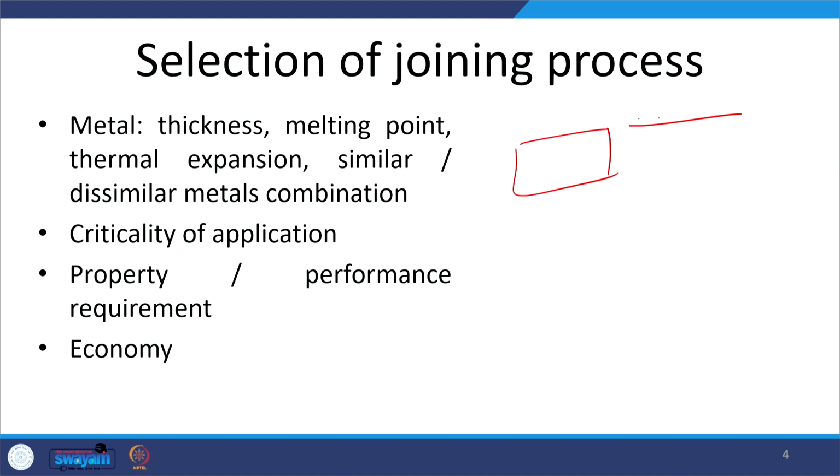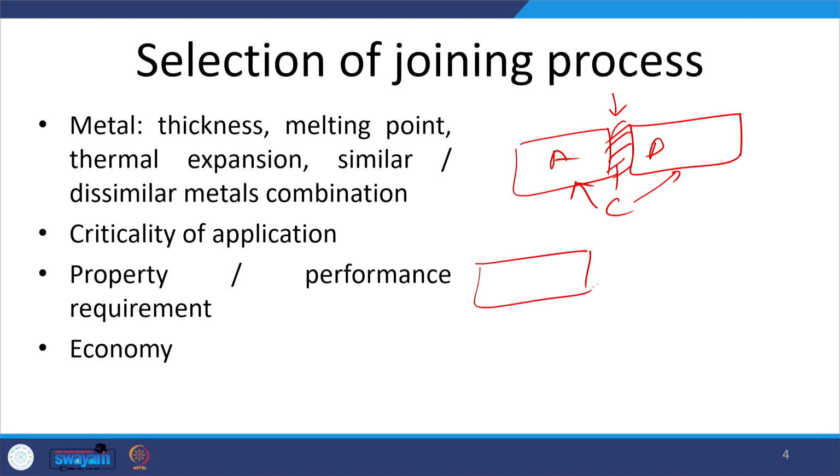And if we have to use fusion joining, then we need to be very careful, because if A and B are not compatible with each other, they should not interact with each other much, and therefore we may use filler metals that are compatible with both A and B. If filler metal C is compatible with both A and B, then fusion welding in this scenario will work in a better way.